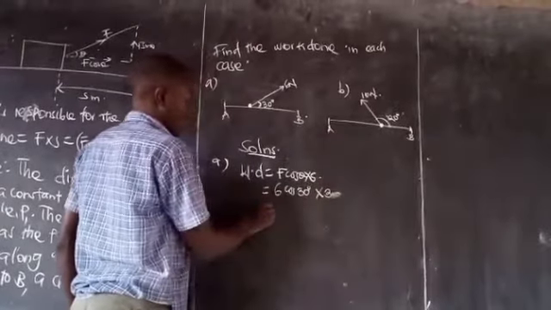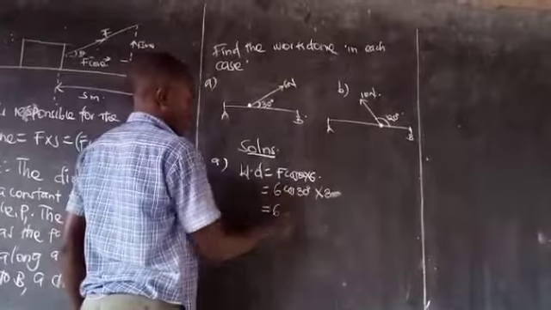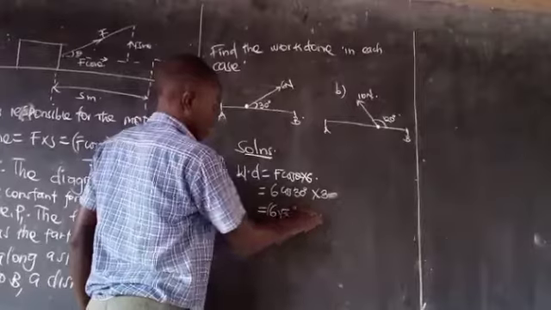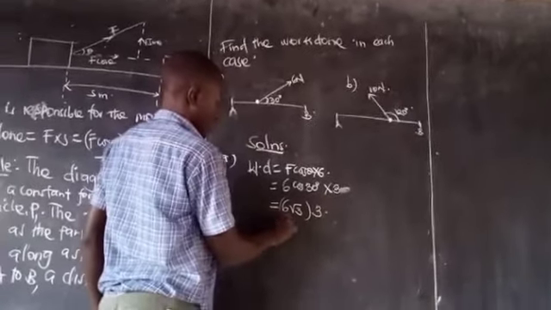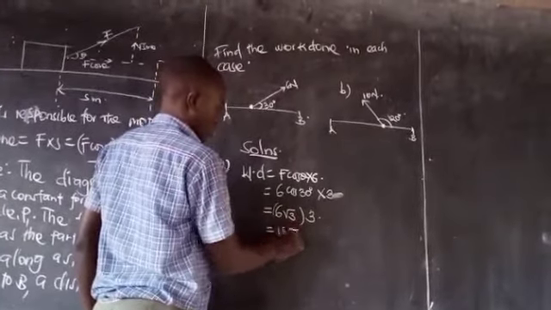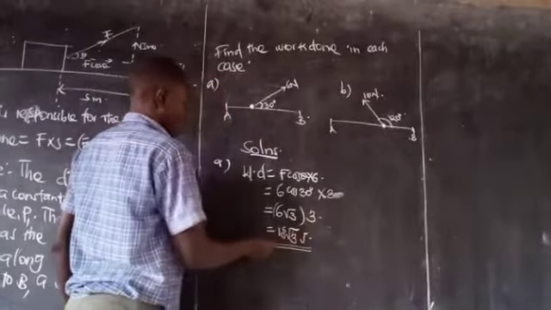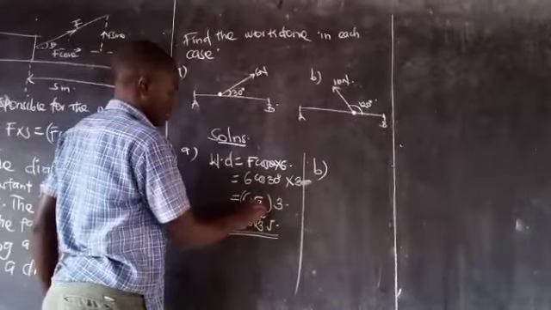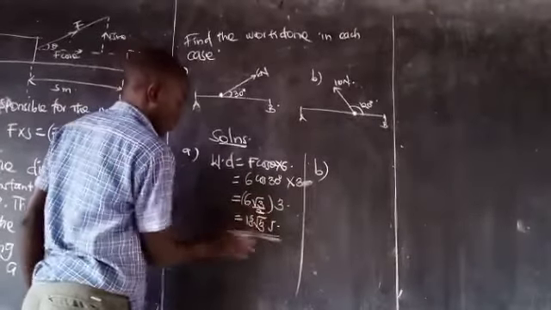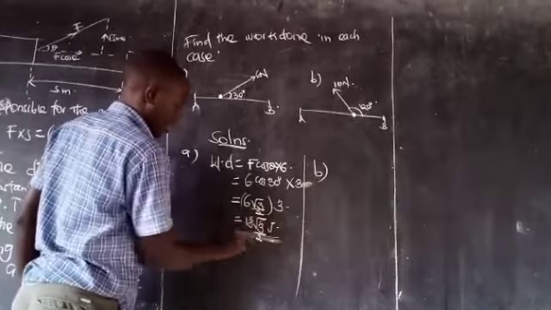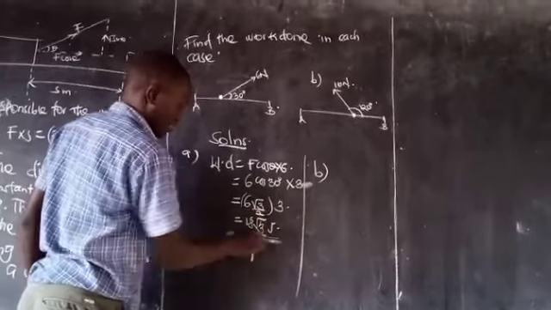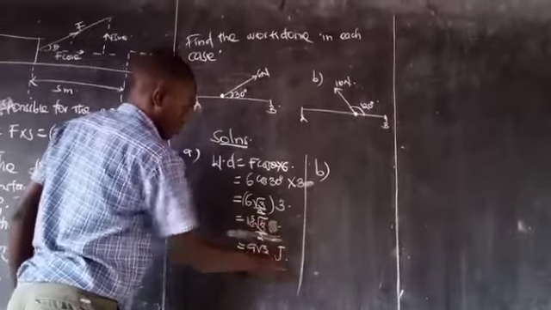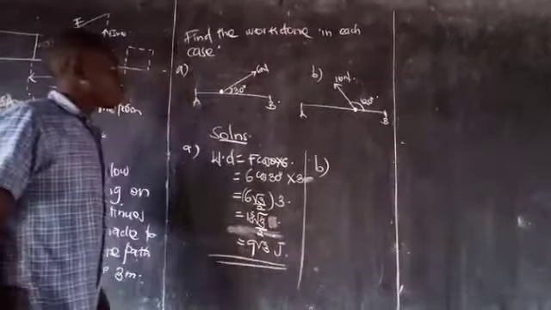Cos of 30 is root 3 over 2, and so we have root 3 over 2 here, and this actually gives us 9 root 3 joules. That is the work done in part A.